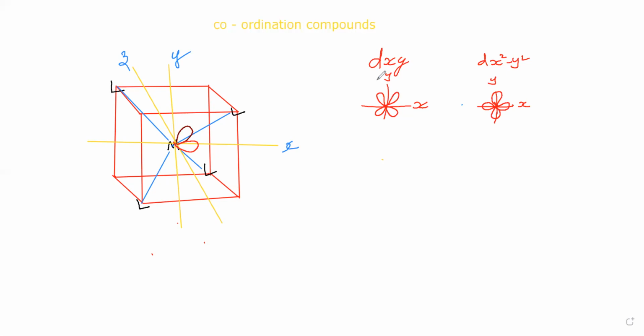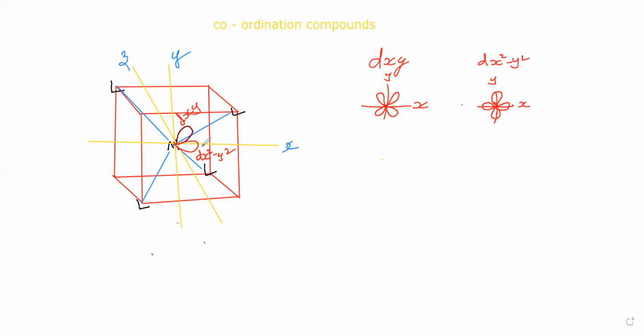Now you consider this ligand. This ligand is closer to which orbital, you see? This is the dxy lobe. It is the dx square minus y square lobe.